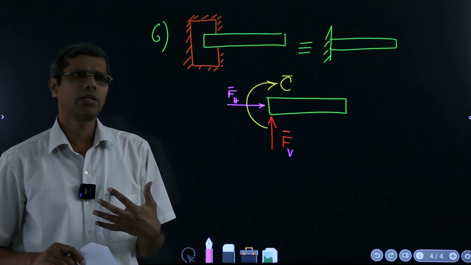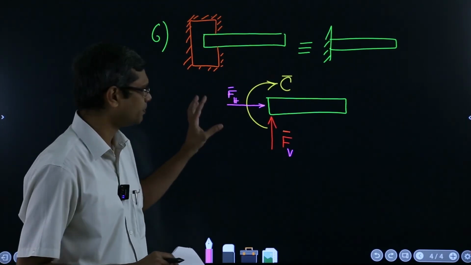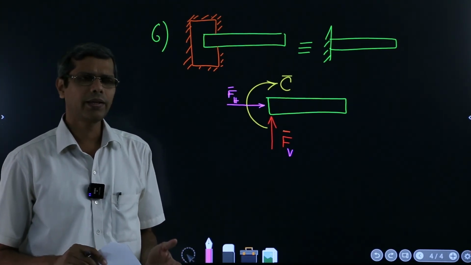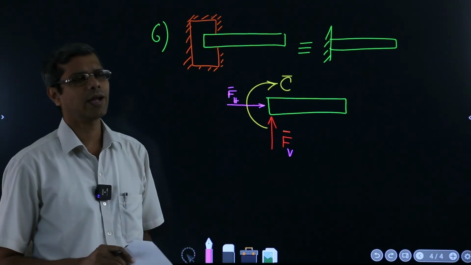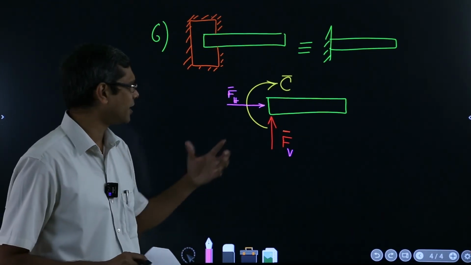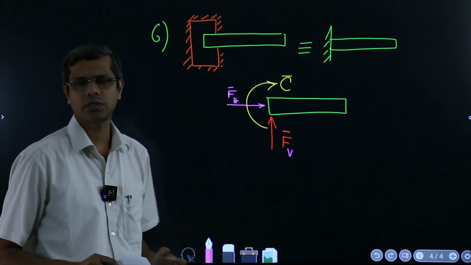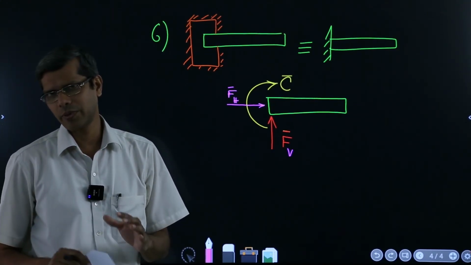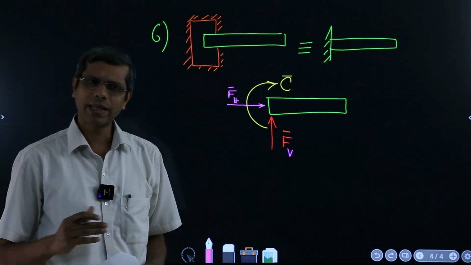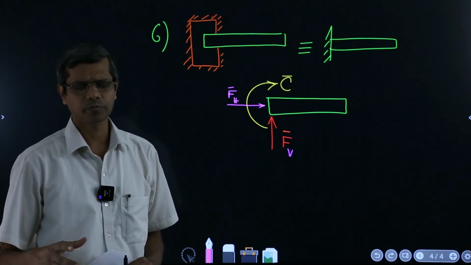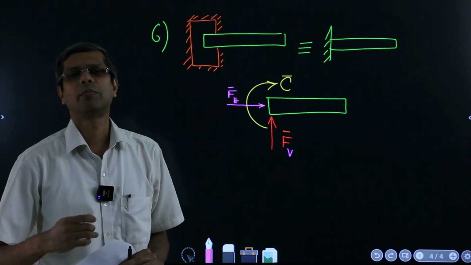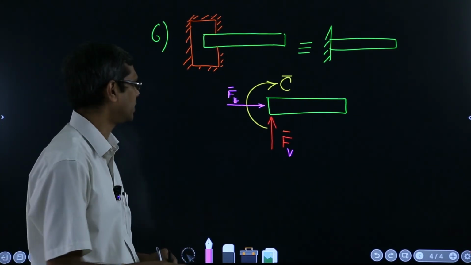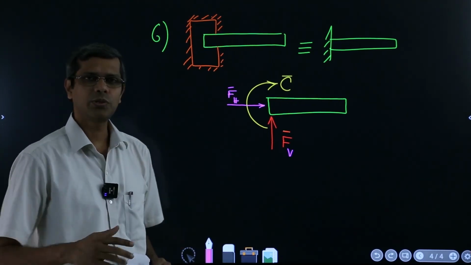We will now use these concepts to solve some problems, and that is the only way to get acquainted with FBDs and the reaction forces which come from various kinds of supports. Later on we will get into a large number of connected bodies, that is, plane trusses and frames and everything. Okay, so see you in the next segment then.